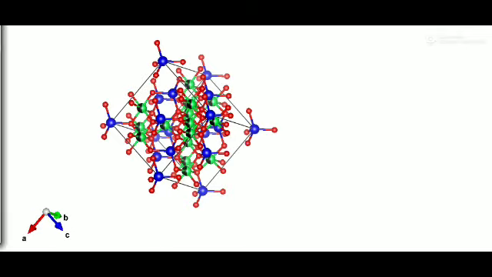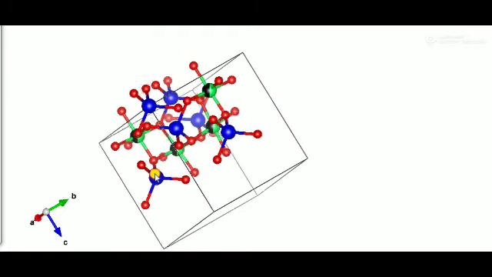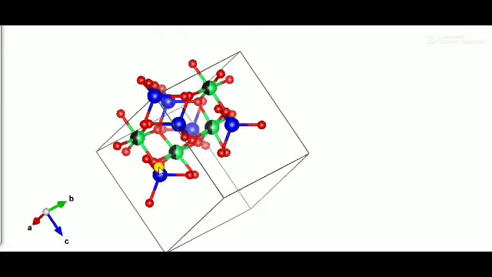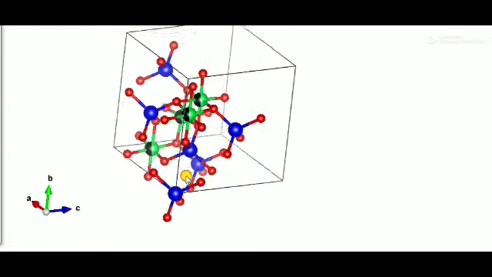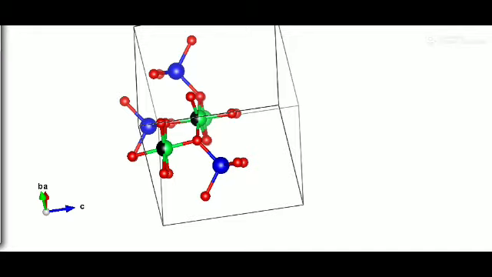Okay, now again I am removing some atoms from here to here, so it will look somewhat like this. So if you observe carefully, then here you might observe the connectivity between the octahedral and tetrahedral. So I can show you more clearly.